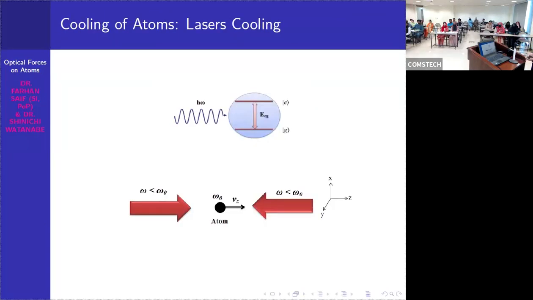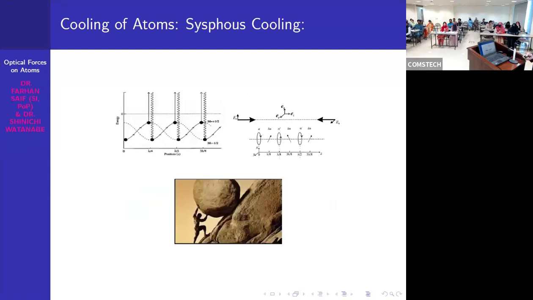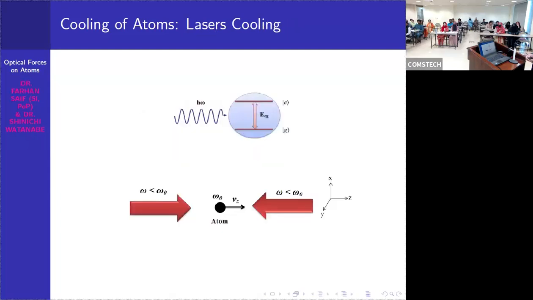Whenever the field interacts with the atoms, the atom absorbs the radiation field, depending upon the field frequency being equivalent to the transition frequency, and in this the energy is transferred from the field to the atom. At the same time, the momentum of the photon is also transferred. We may say that this is conservation of energy and momentum.